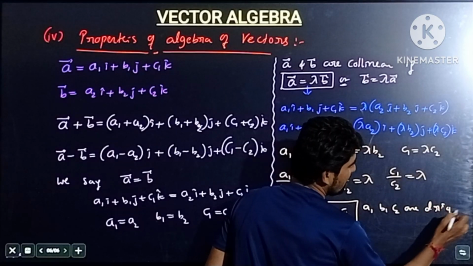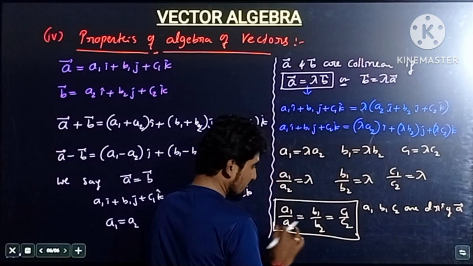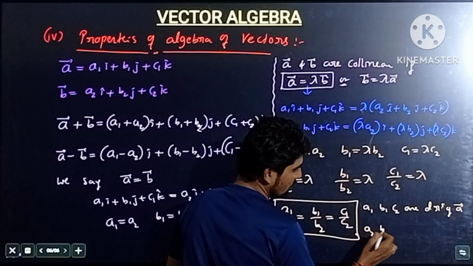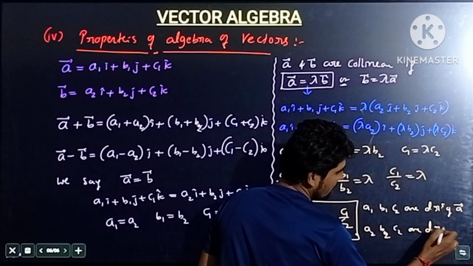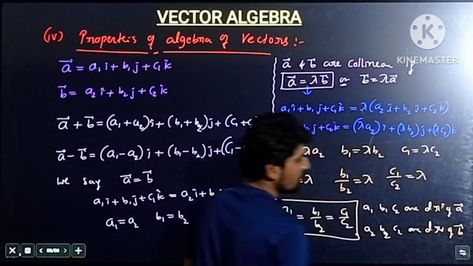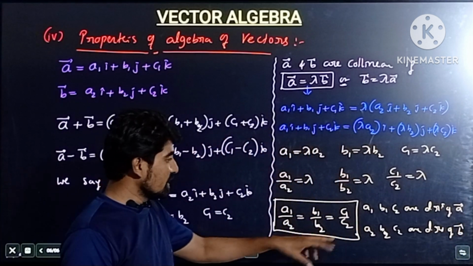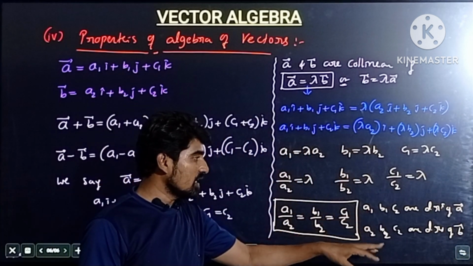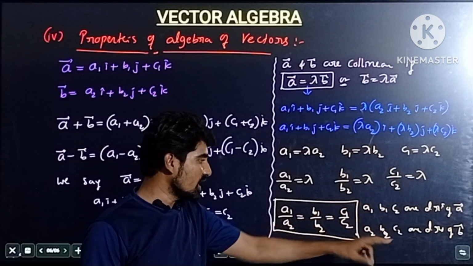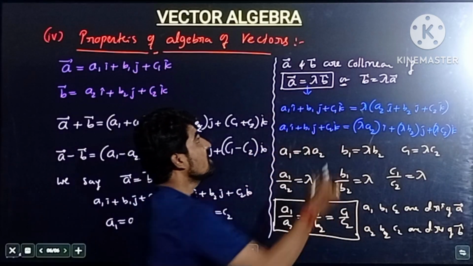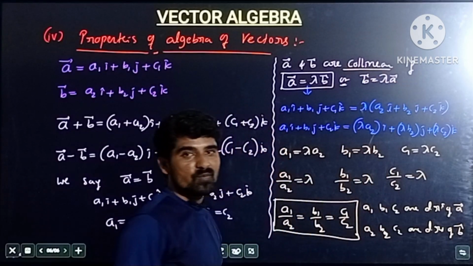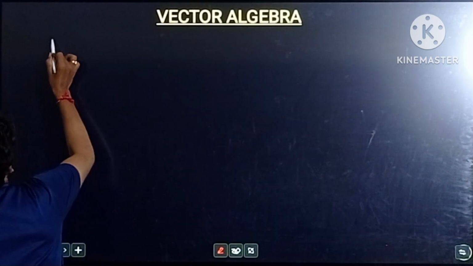Direction ratios of A vector, and A2, B2, C2 are the direction ratios of B vector. If the corresponding direction ratios of first vector and second vector are proportional, then also we say that the given two vectors are collinear. I hope all of you understood.